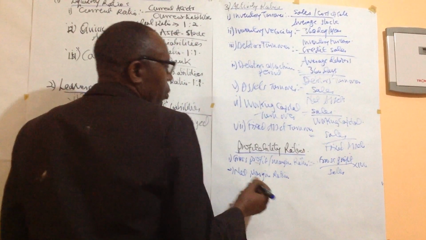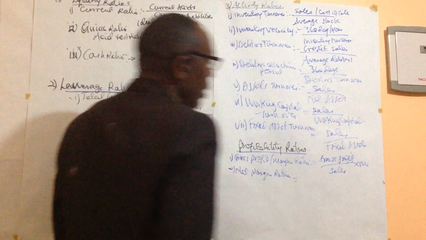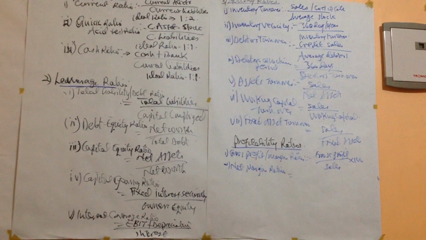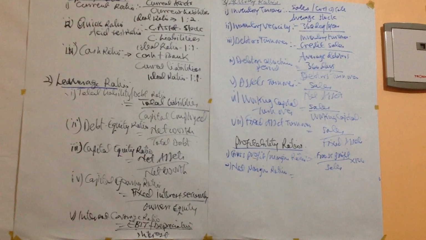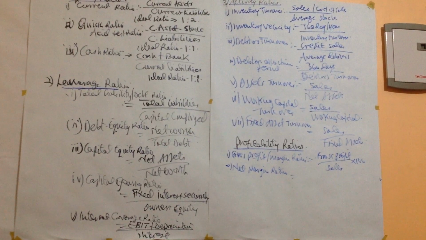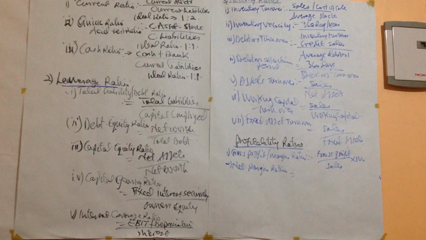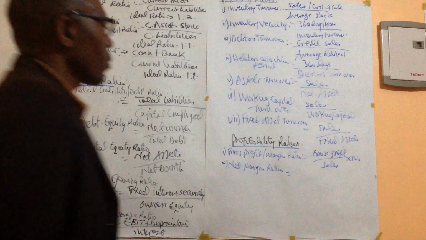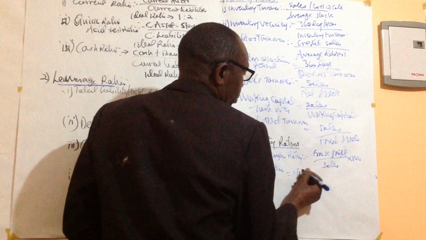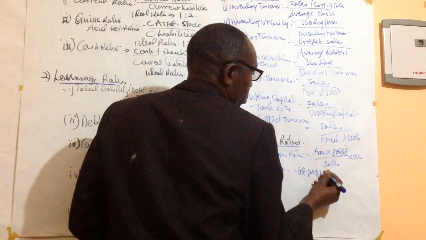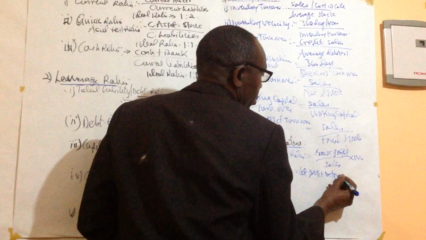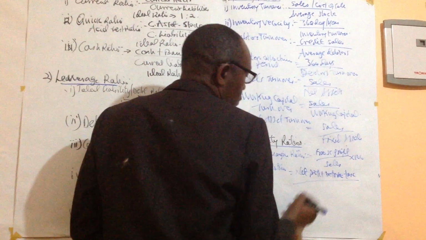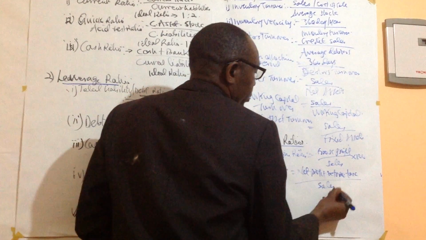The net margin ratio. Here you consider the margin. We say net profit, or profit before tax, over the sales, times 100. Net profit before tax over the sales.